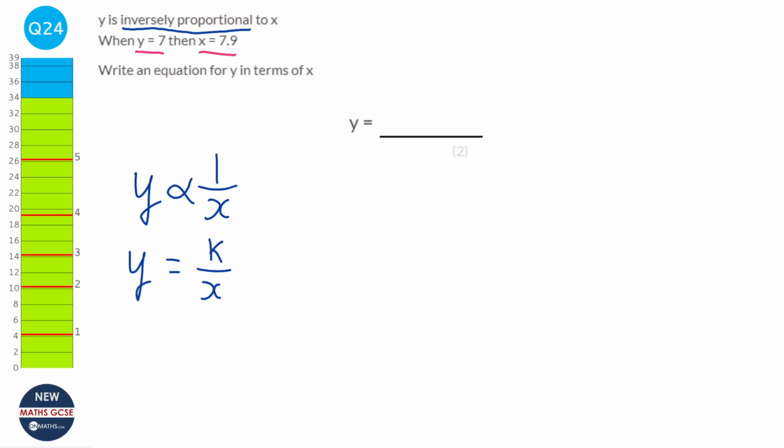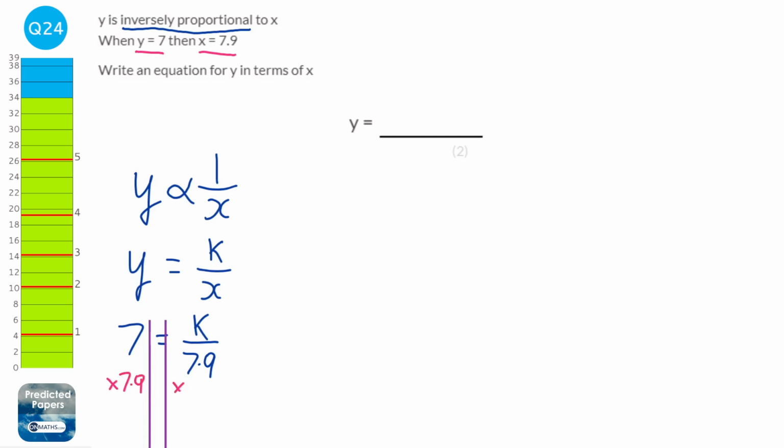So we know that when y is 7, then x is going to be 7.9. And what I need to do now is just draw my lines down. And what I'm going to do is just times both sides by 7.9. And so we have k equals 7 times 7.9, which is 55.3.